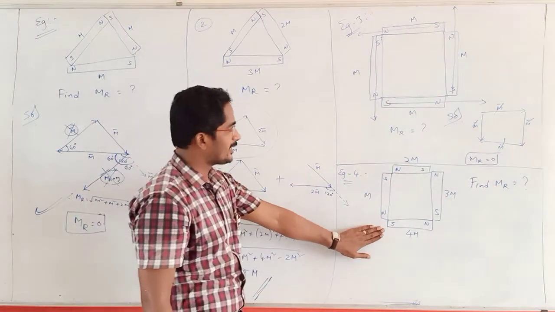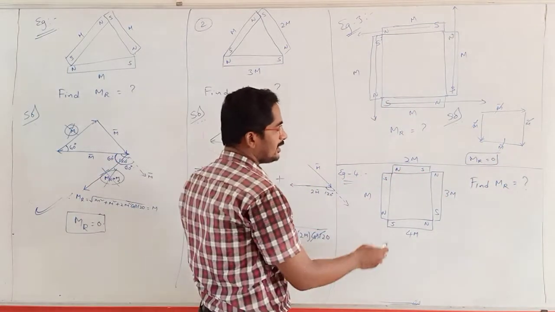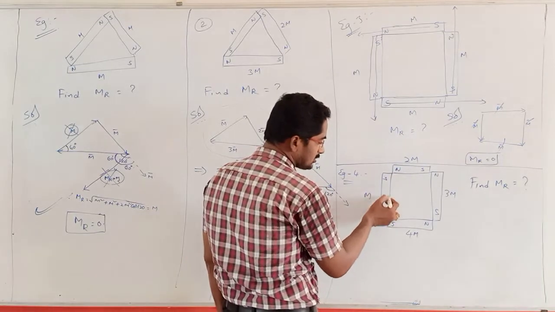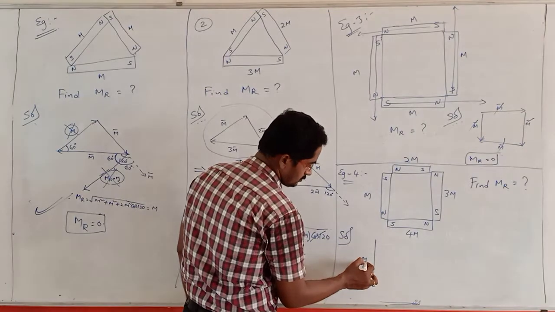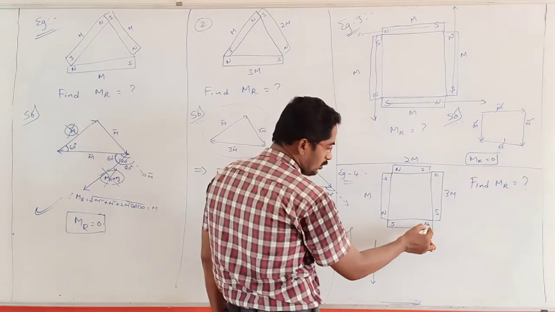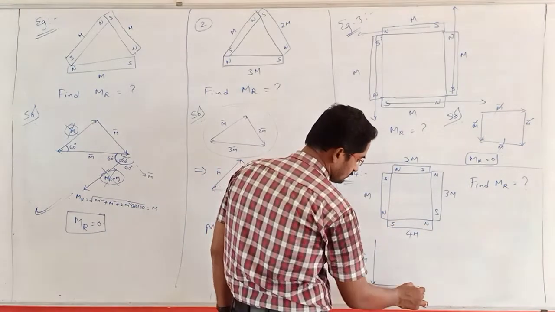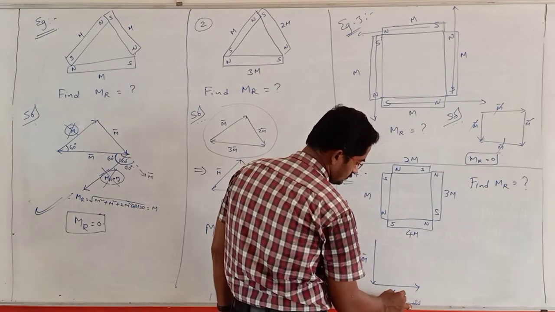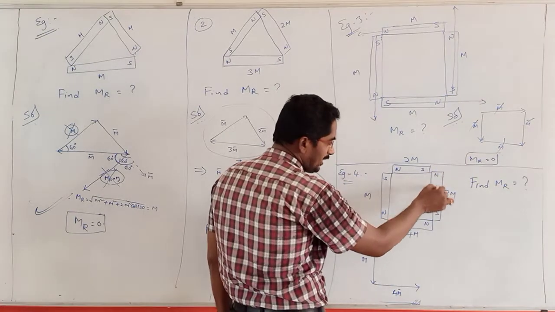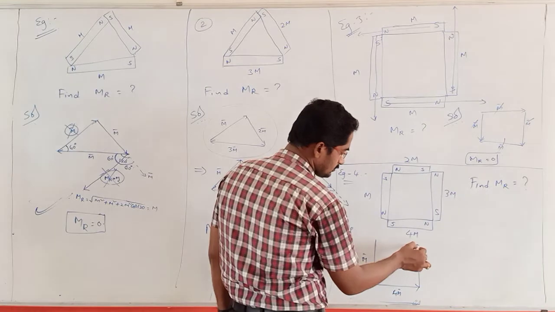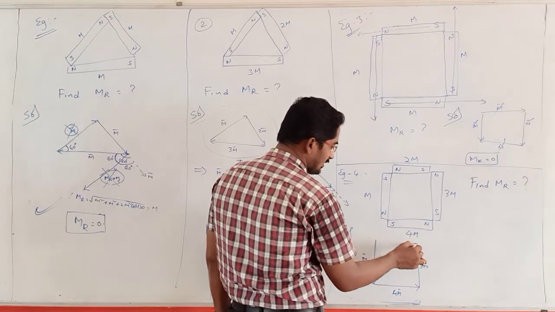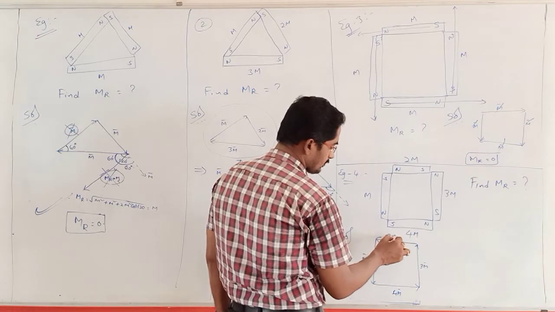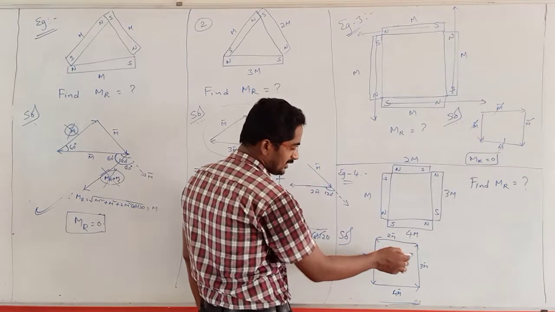Now come to this, in the same order. Here m directs south to north, and 4m directs south to north, and 3m is south to north, and the 2m direction is this one. Now these two are opposite, and these two are opposite.